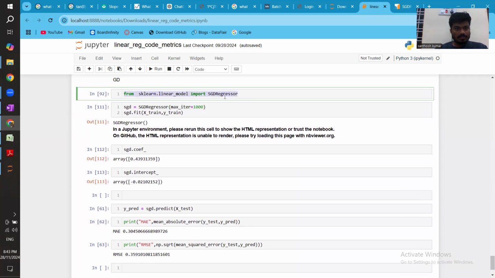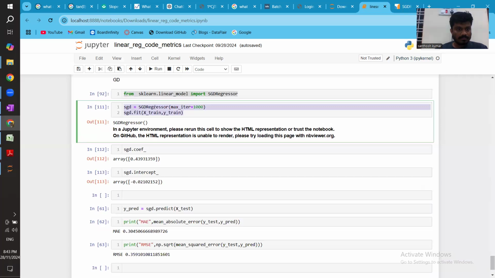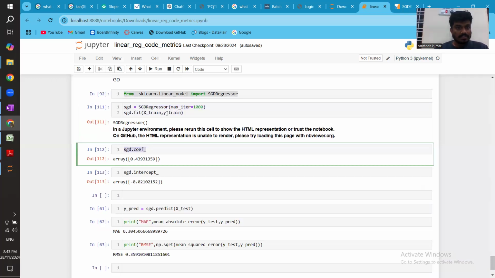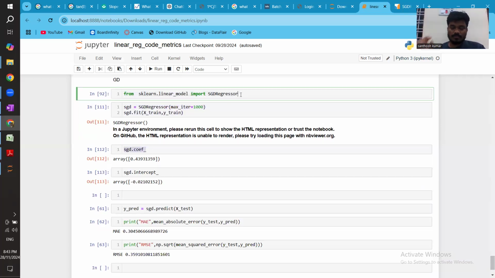It is very simple: you import it, create an instance of the class, and after that just fit X_train and y_train, done. After that you will get the coefficients, same thing. Don't forget the basics. The goal is the same; we are just changing the method, and it will give you the line.